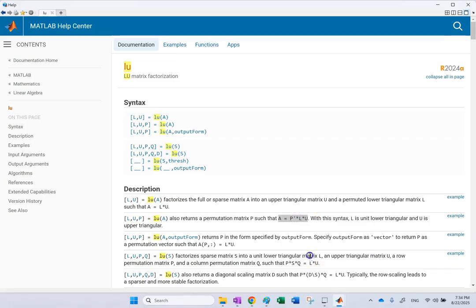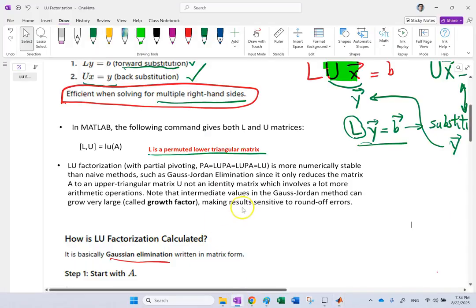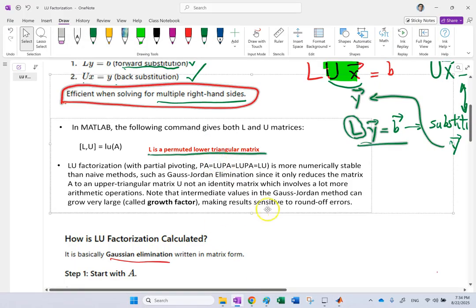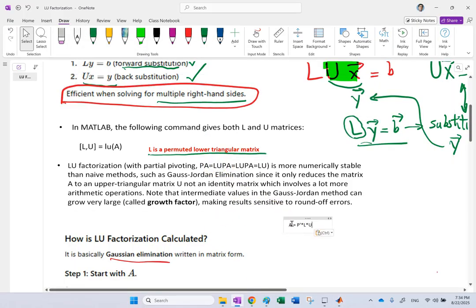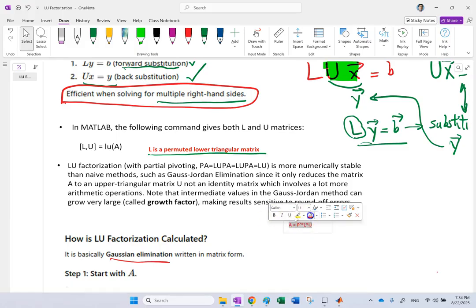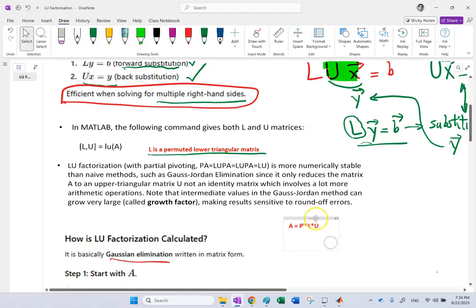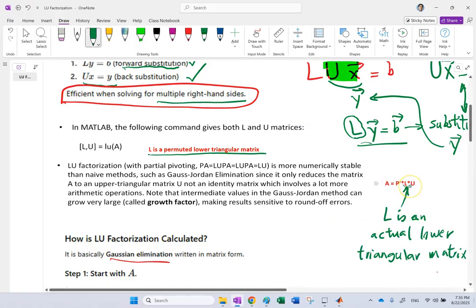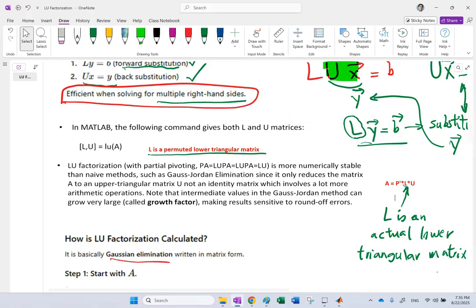So if you use the second version, which gives you a permuted version, then yes, in that case, as I said, P times A equals L times U, or A equals P transpose times L times U. Okay? And in that case, L here is an actual lower triangular matrix. It's not going to be permuted lower triangular anymore.